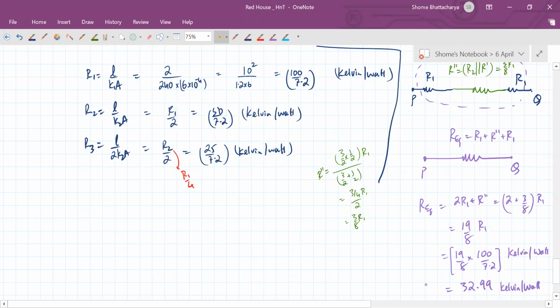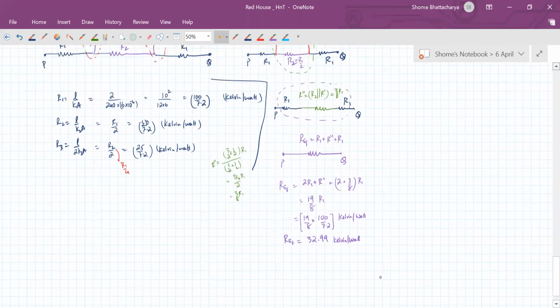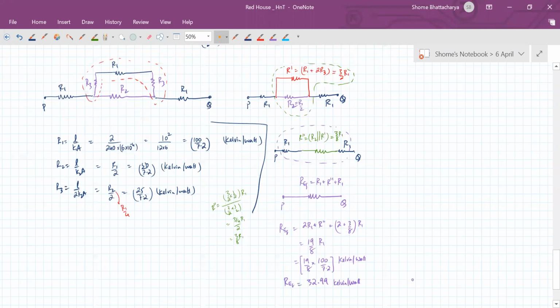So nearly 40 equivalent resistance. I'm getting nearly 40. And just check my solution. 33. Oh, sorry, nearly 33. My mistake. Yeah.